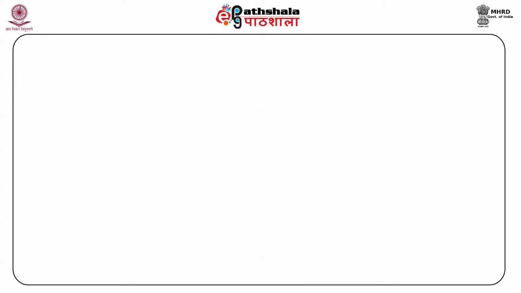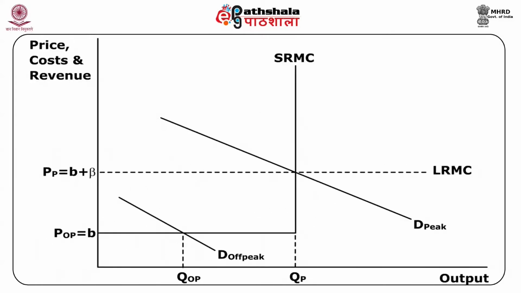Following the peak load pricing principle, the price in each period should be set where the SRMC intersects the relevant demand curve. Thus, price would be PP equal to B plus beta in the peak load period as demand presses against capacity.